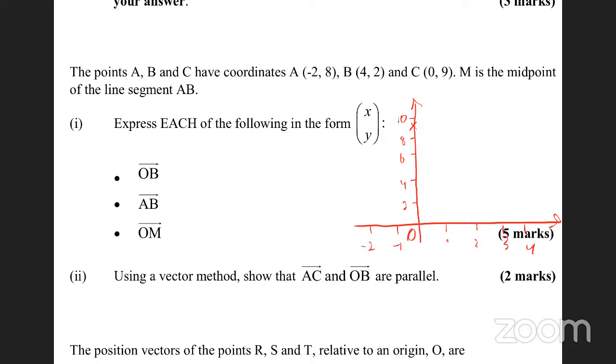Here's O, and here's C. Plot (minus 2, 8). That is about here, so that's A. Draw your arrow, and plot B. B is (4, 2), somewhere here. All right? So your diagram looks something like that. Copy it down and try and work it out.